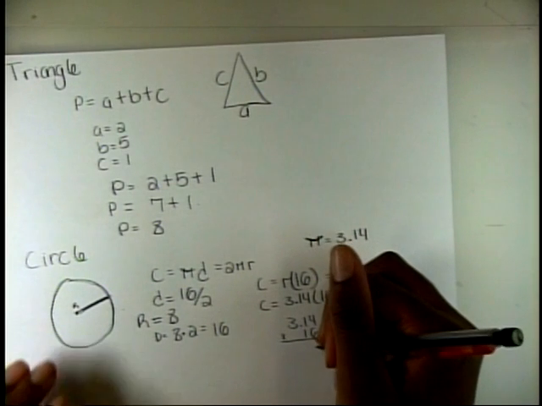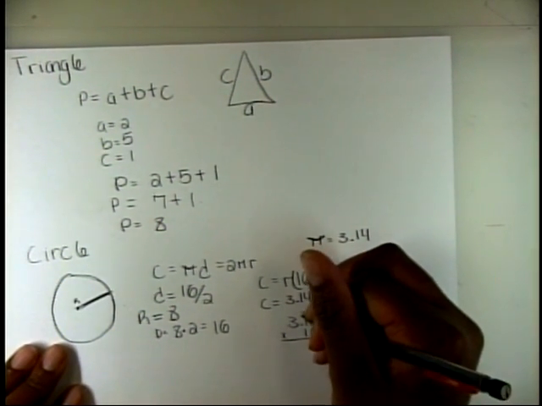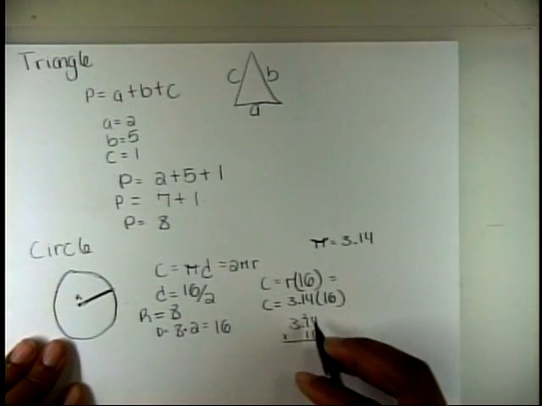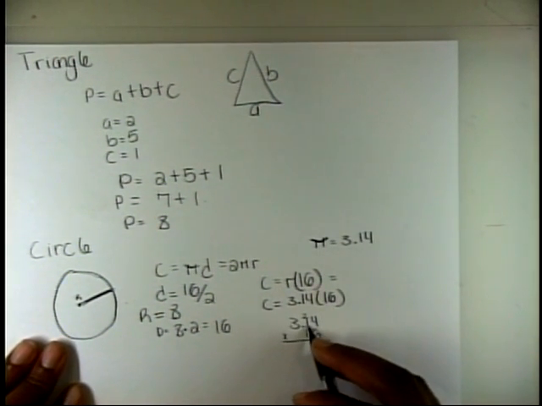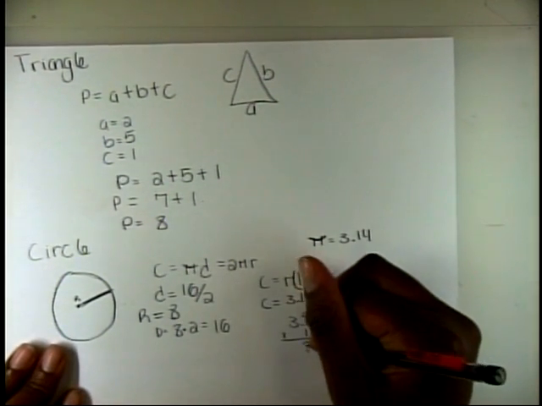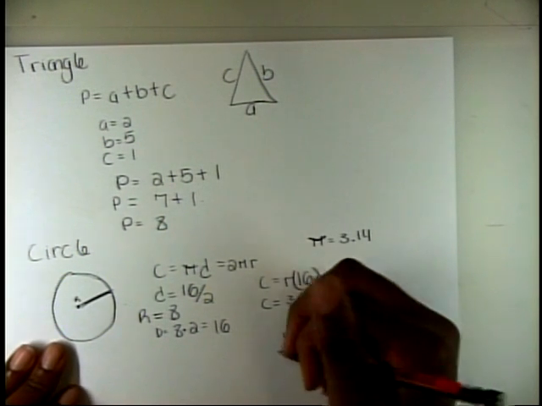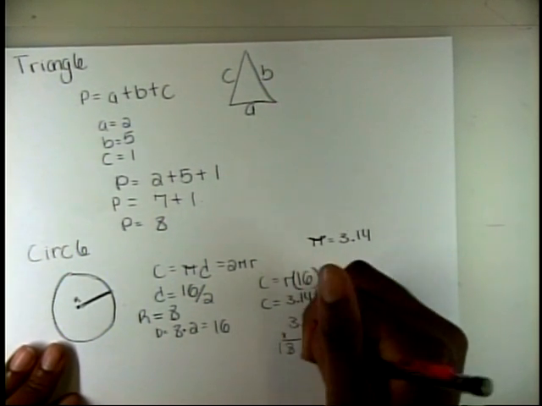4 times 6 is 24. So I put down my 4, add my 2 to the top. 6 times 1 is 6, plus 2 will give me 8. 6 times 3 is 18.